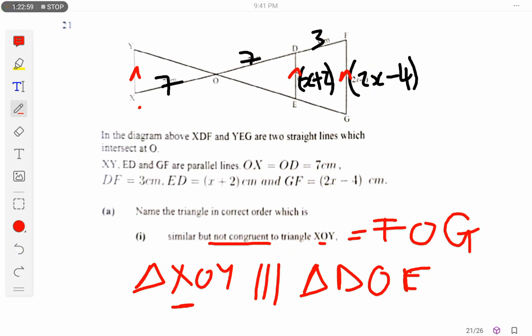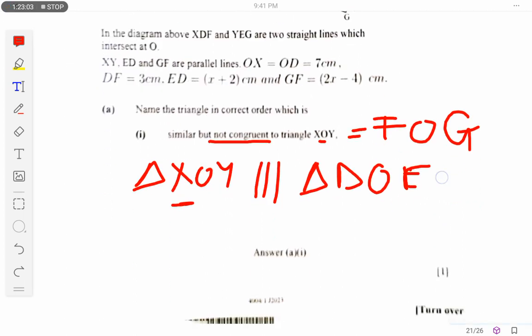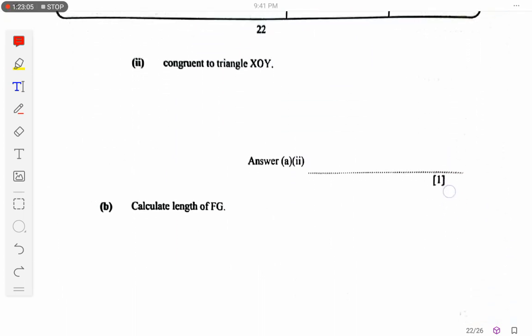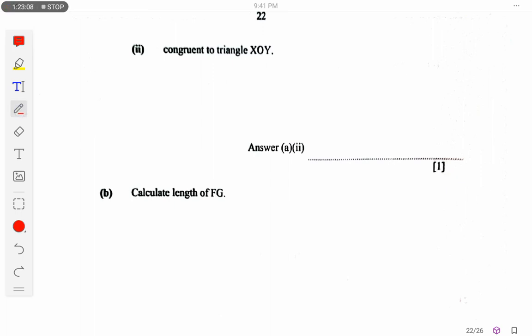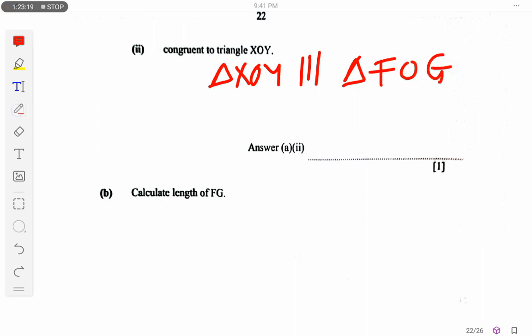So we're going to use the first relationship, which was not congruent. So we said triangle XOY was similar but not congruent to triangle FOG. What it means was this: XO over FO. Okay, you see how I'm doing this.